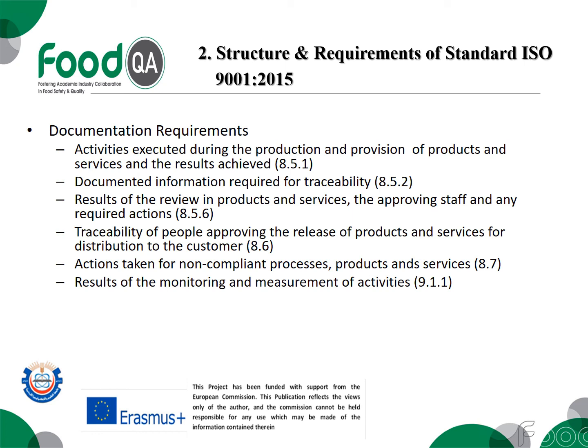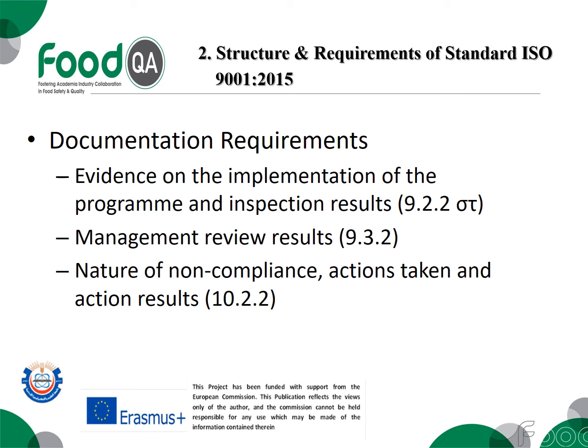Actions taken for non-compliant processed products and services 8.7. Results of the monitoring and measurement of activities 9.1.1. Evidence on the requirements implementation of the program and inspection results 9.2.2. Management review results 9.3.2. Nature of non-compliance, actions taken and actions results 10.2.2.